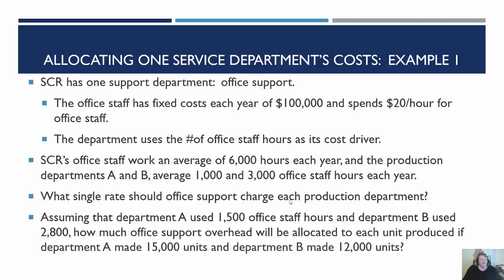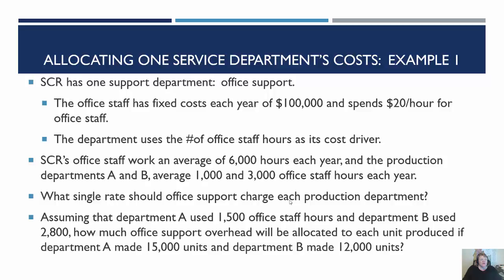SCR's office staff work an average of 6,000 hours each year, and the production departments A and B average 1,000 and 3,000 office staff hours each year. So A uses 1,000, B uses 3,000. What single rate should office support charge each production department?